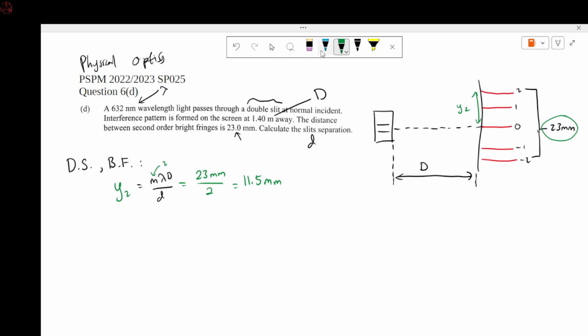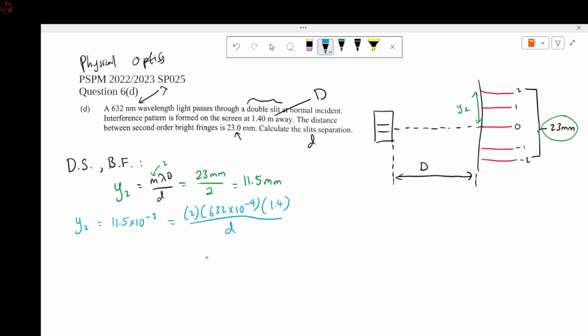Now we can substitute the values. I have y_2 equals 11.5 times 10 to the power of negative 3 equals 2 times 632 times 10 to the power of negative 9, because we have nanometers, then my distance is simply 1.4 meters, and then I divide it by the slit separation.